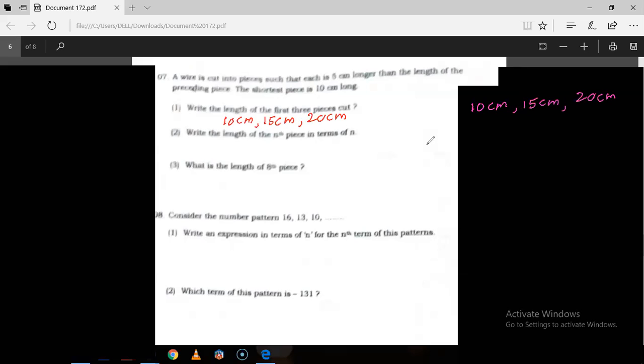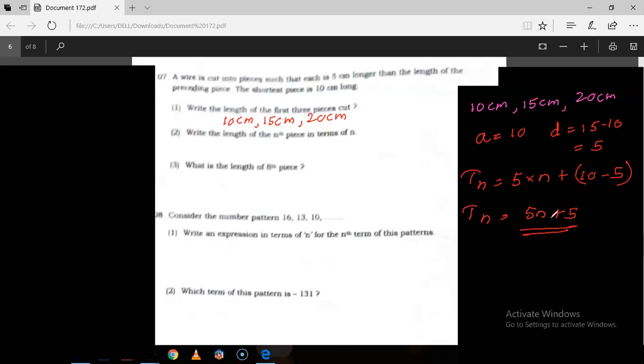Then we have to find the general term for this. First term A equals 10. Common difference D equals 15 minus 10, that is 5. Then the general term Tn equals the common difference into n, 5 into n, plus the first term 10 minus the common difference. So the general term is Tn equals 5n plus 10 minus 5, 5n plus 5.